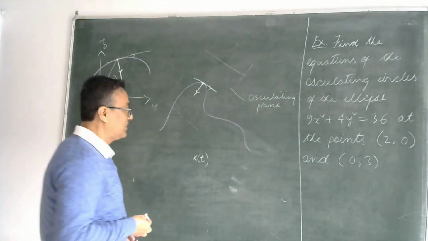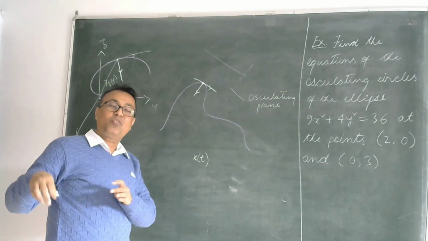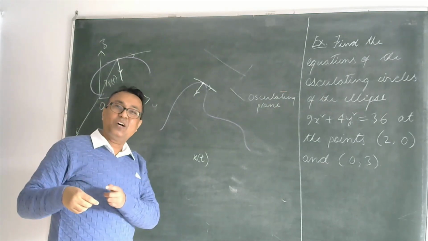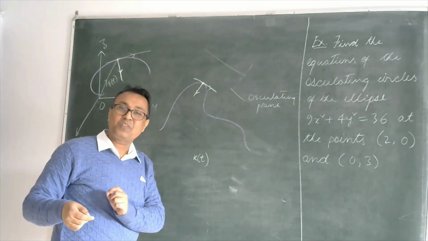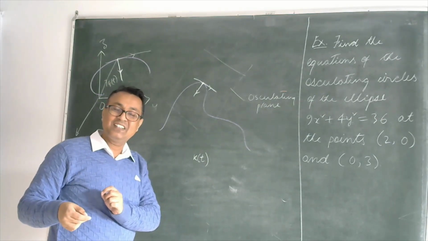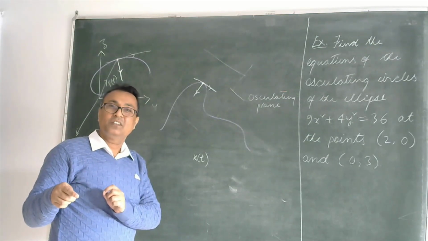From the original circle we already know that for a circle, if I can find the curvature, then the radius of the circle is simply the reciprocal of the curvature, right?